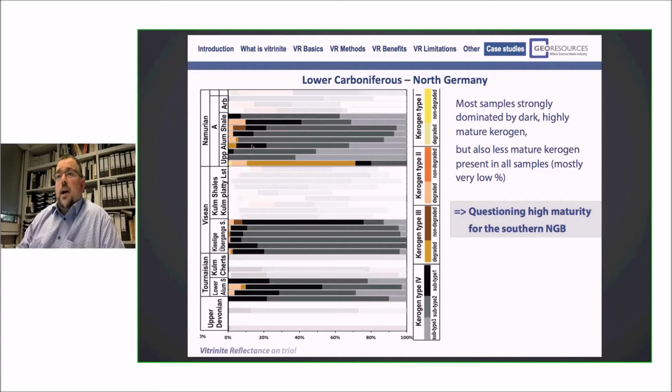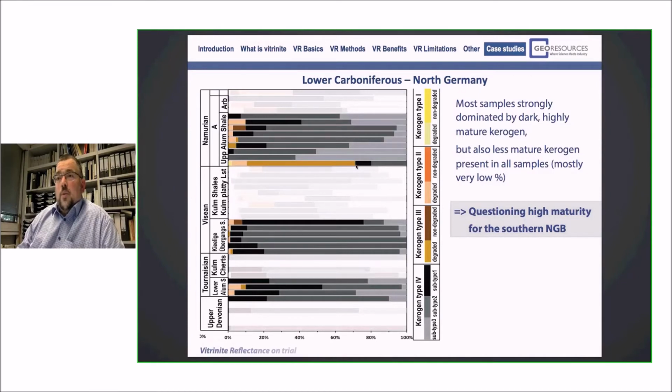All this is highly mature, very dark to black organic matter. And you see this is strongly dominating, and this fits perfectly to the idea of high maturation. But in almost all samples, also less mature kerogen is present. And these are these brownish colors over here.